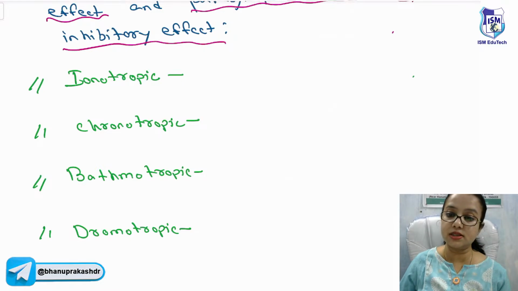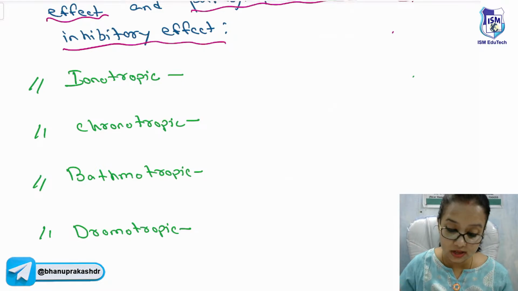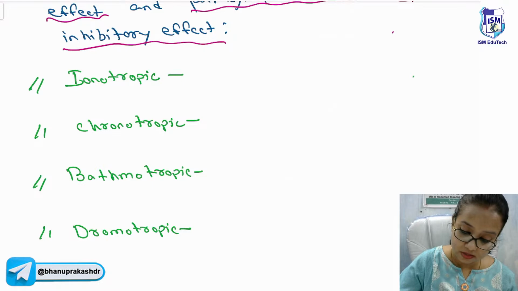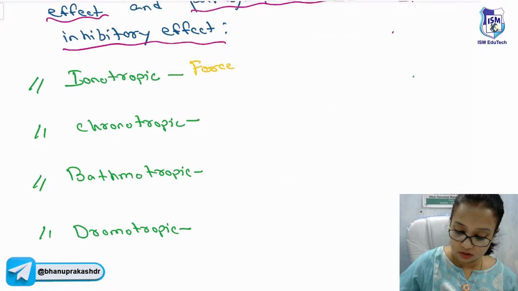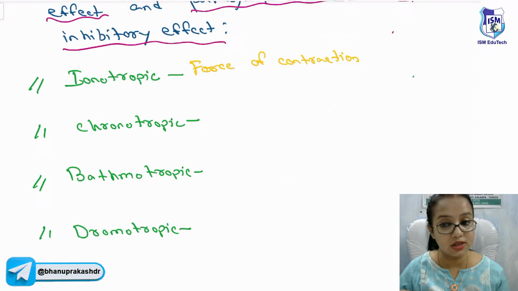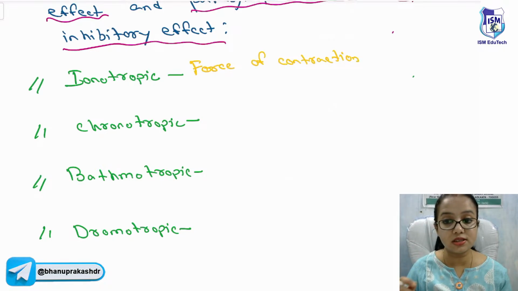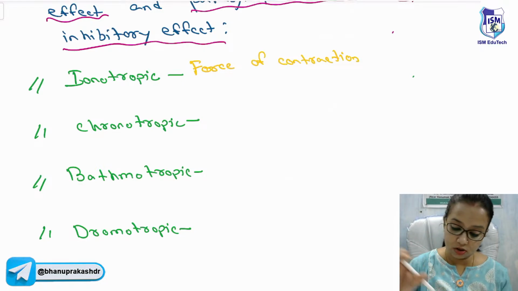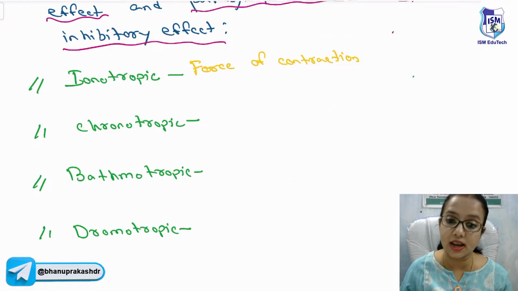Okay. Now, what does the term inotropic mean? Inotropic means force of contraction. See, for the contraction, what do we need? We need the ions, the essential ion, calcium. So, inotropic means force of contraction.